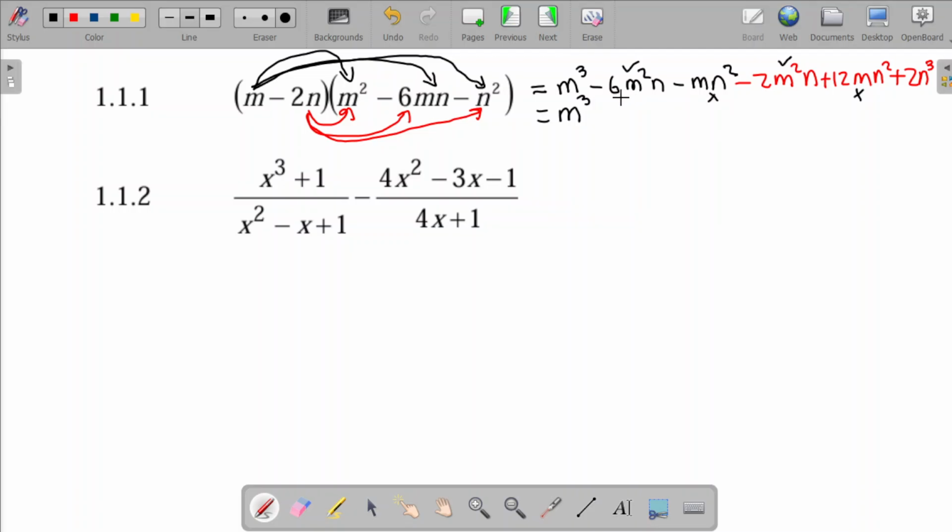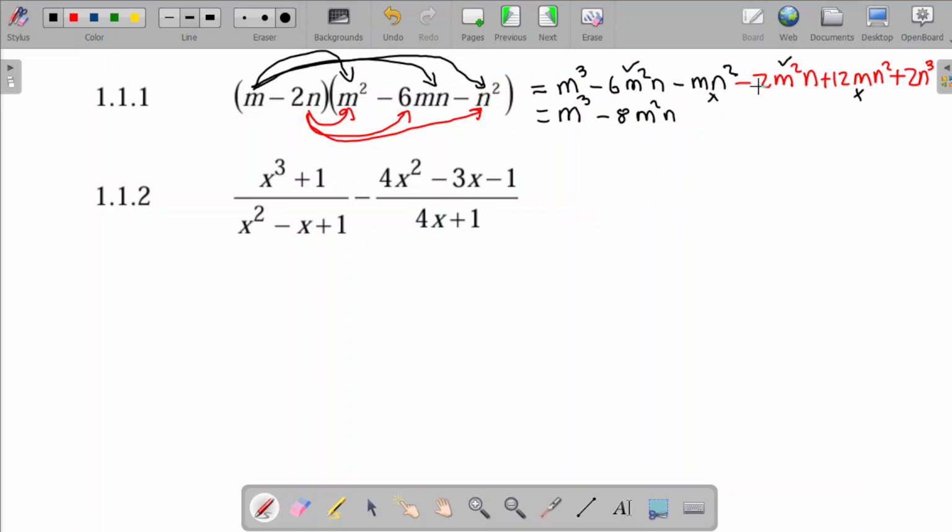Starting with the first one here, negative 6m squared n minus 2m squared n is going to give us minus 8m squared n.